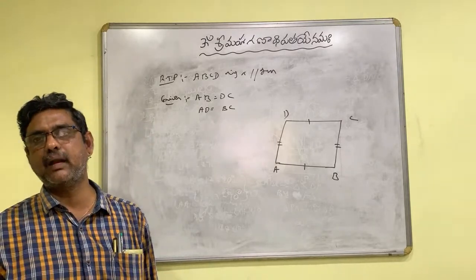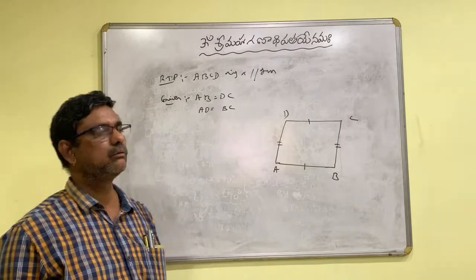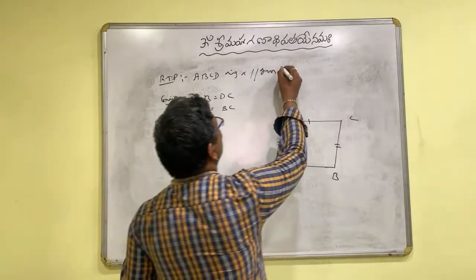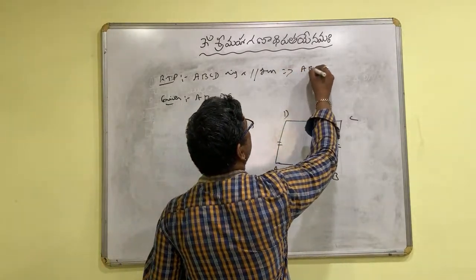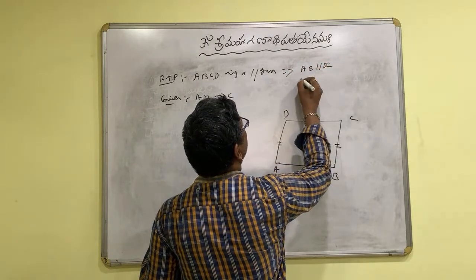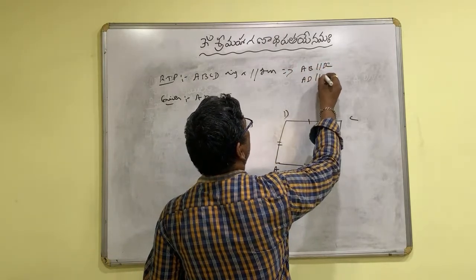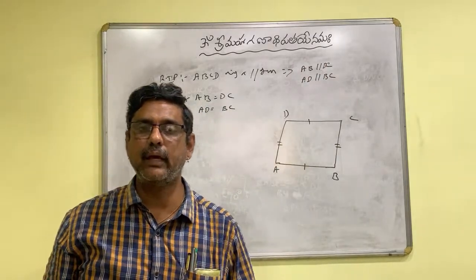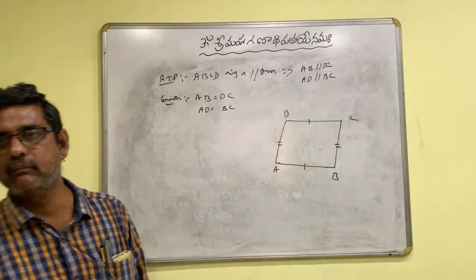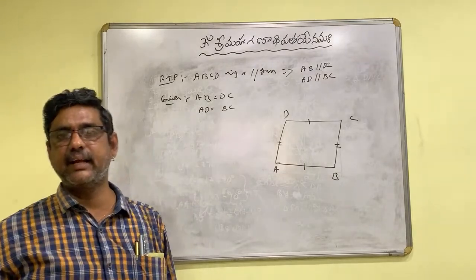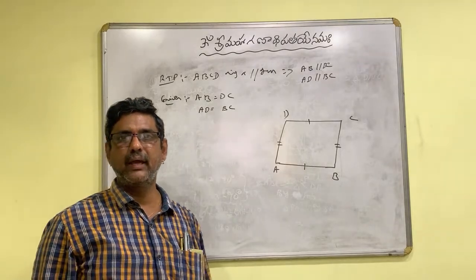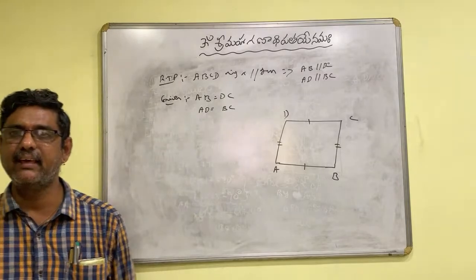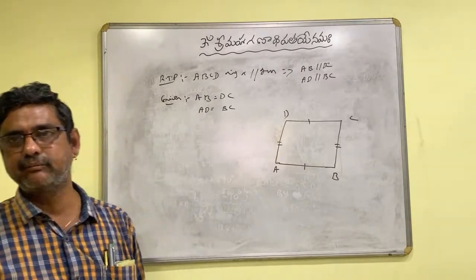So then it becomes a parallelogram. So we need to prove AB parallel to DC, AD parallel to BC. In order to prove ABCD is a parallelogram, it is enough to prove AB parallel to DC, AD parallel to BC.